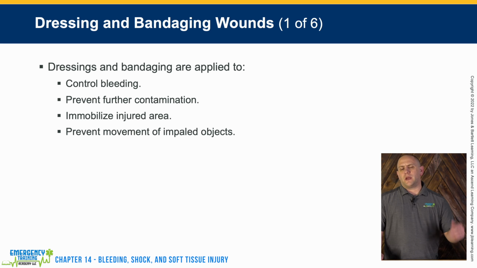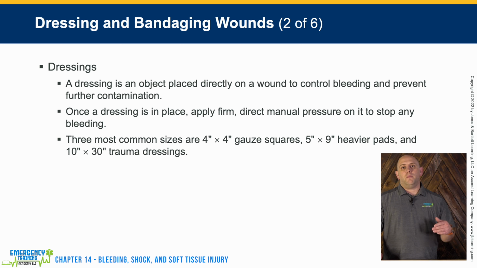And also there becomes a point where, as you're adding those dressings on top, if they are continuing to bleed through, it may be more beneficial to remove them, find the source of the bleed, and apply direct pressure to that bleed. As we just keep adding more and more bandaging, it becomes more difficult to apply that direct pressure.